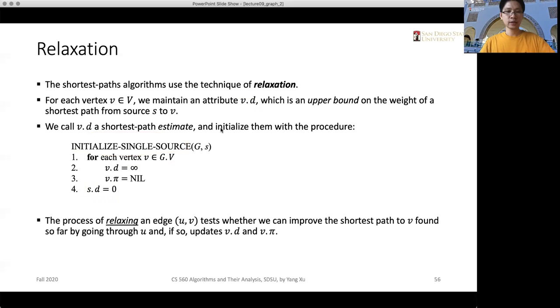Okay, so having this D, we can define the operation of relaxing. The process of relaxing is applied to an edge.